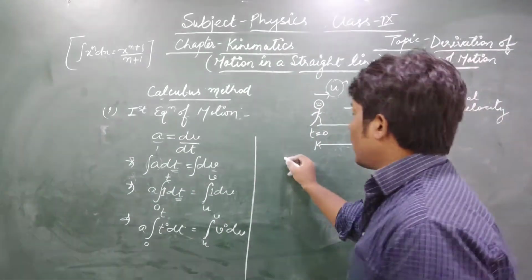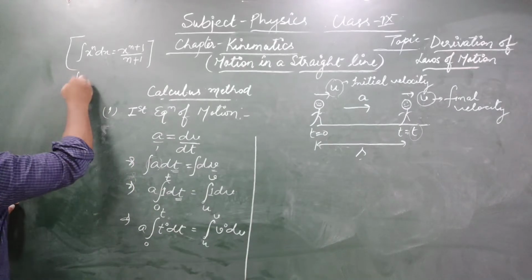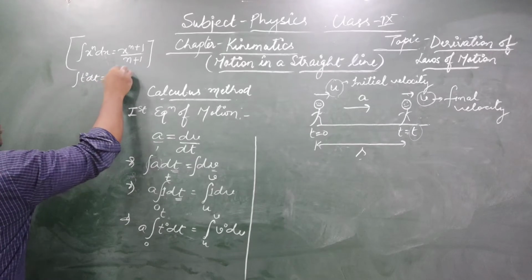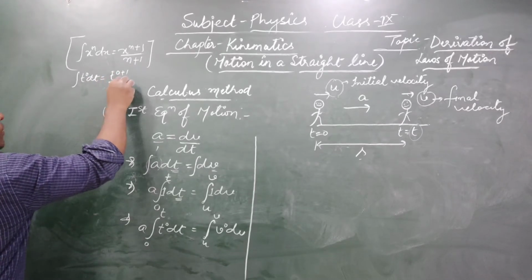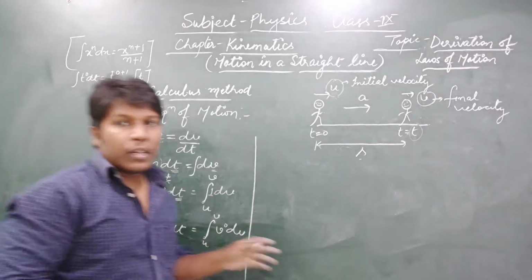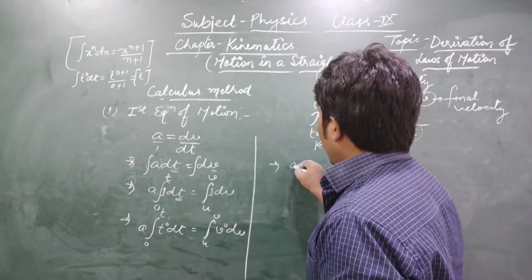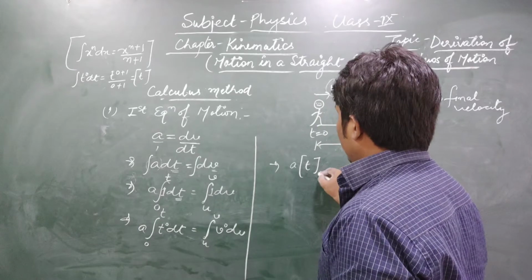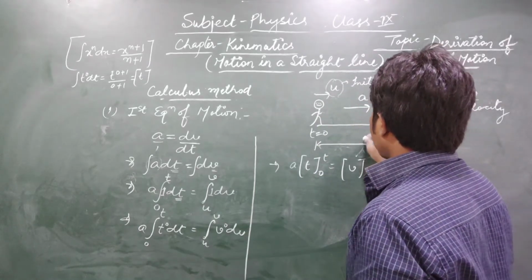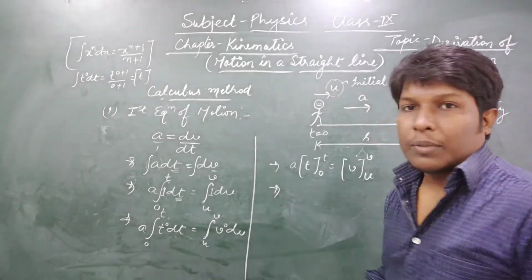So for integration of t raised to power 0 dt, it will be t raised to power 0 plus 1 over 0 plus 1, it will come t. And same for v raised to power 0 dv. So here you will get a t from 0 to t, and here v from u to v. Now put the limits.